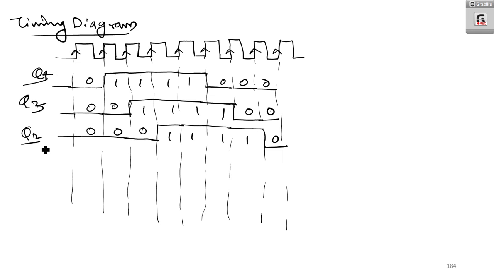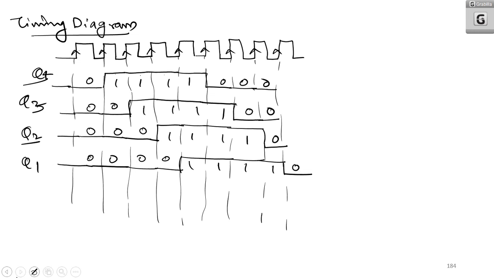Now what is Q1? 0 0 0 0 0 0, then comes 1 1 1 1, then comes 0, and it will go like that. So this is the basic timing diagram of a twisted ring counter. Hope you understood how to draw the timing diagram.